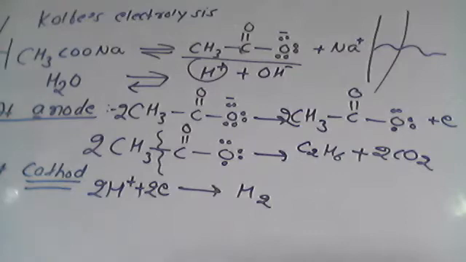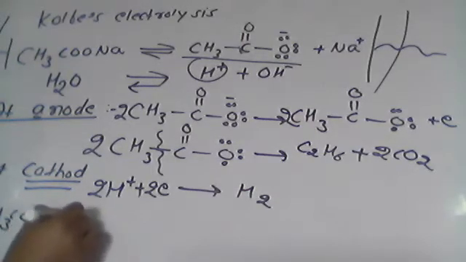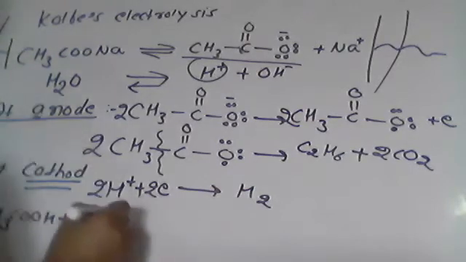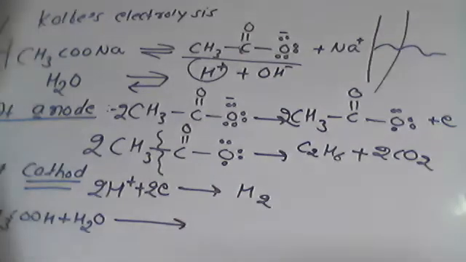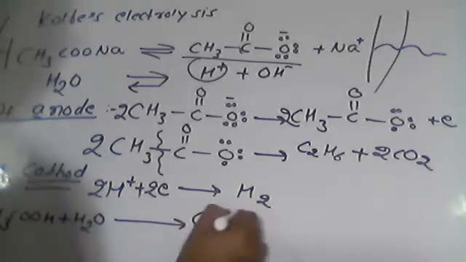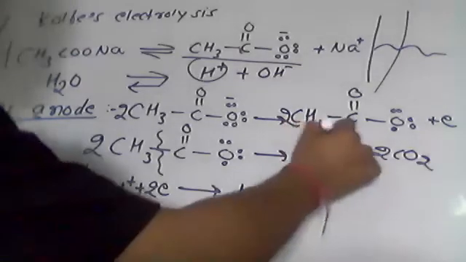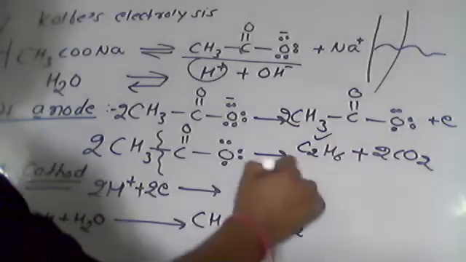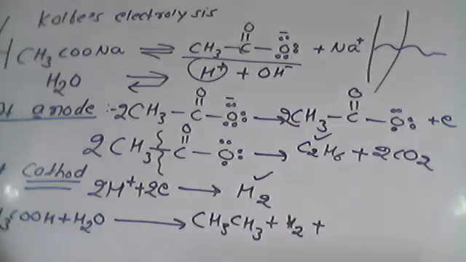So I'm going to write down the overall reaction. It will be 2 molecules of CH3COOH, acetic acid, plus H2O in an aqueous medium. And here we are going to do the electrolysis, which means we are going to pass the current. After passing the current, here I will get C2H6, plus H2, this hydrogen gas, plus NaOH.